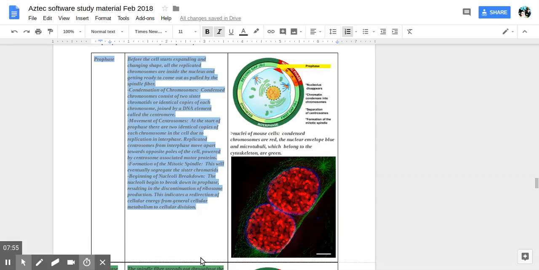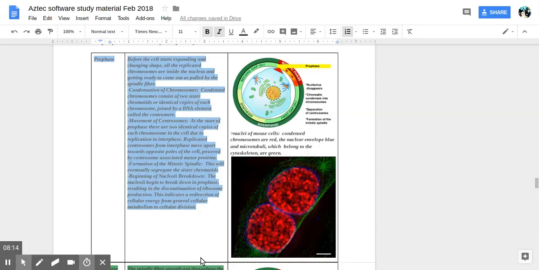So powered by centrosome-associated motor proteins. So I believe myosin is one of these. So formation of the mitotic spindle will eventually segregate the sister chromatids.